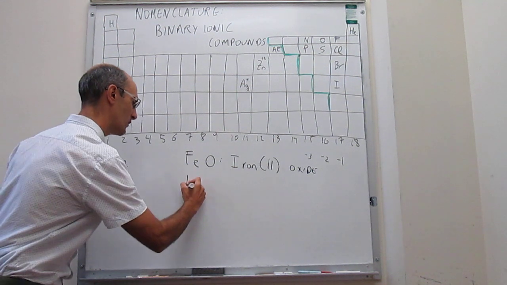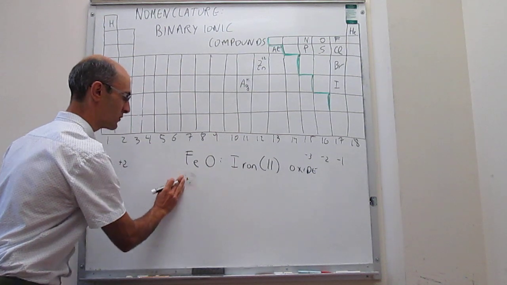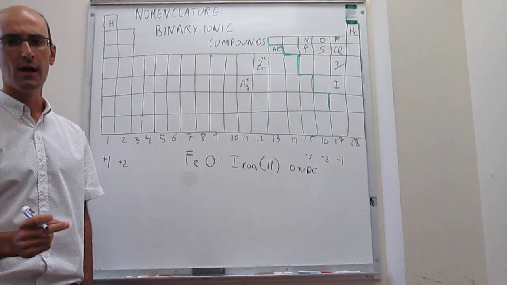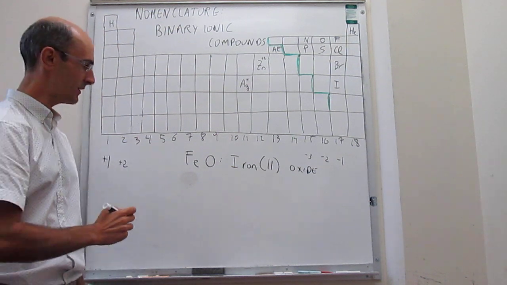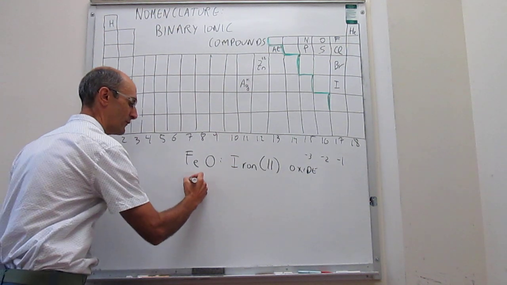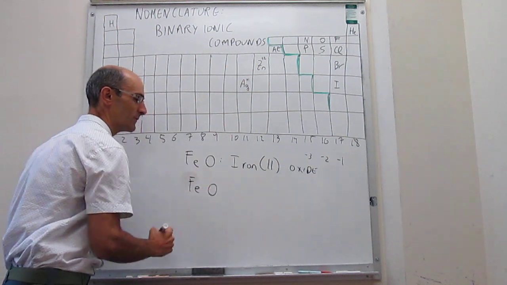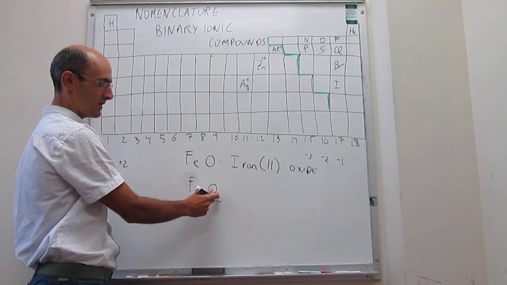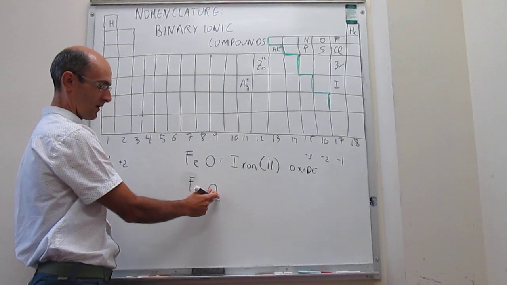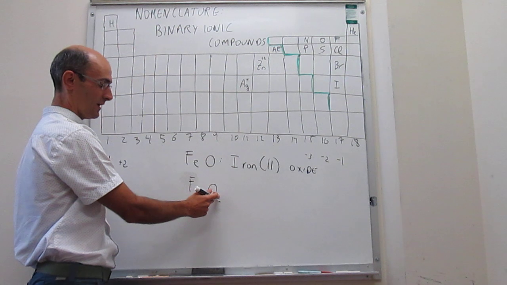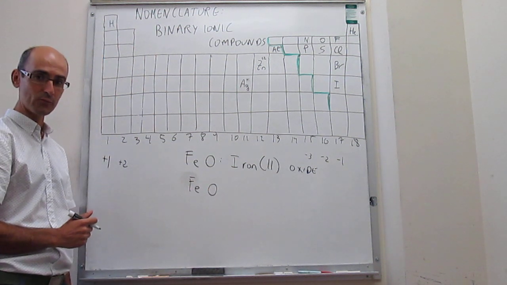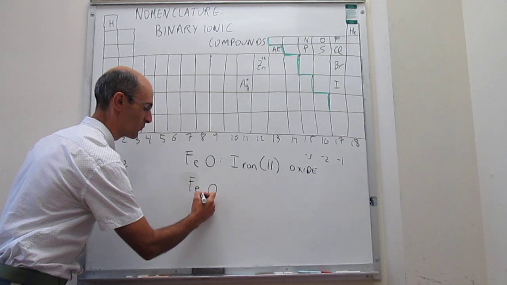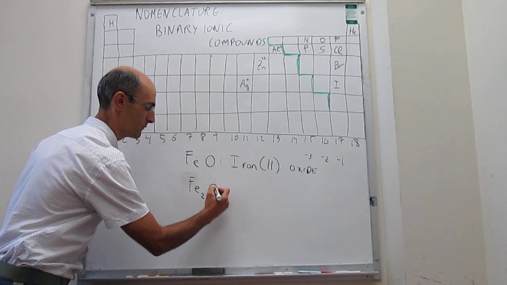Now, if I were to ask you to write the formula for the compound iron(III) oxide, we know that the two elements forming that oxide will be iron and oxygen. The charge of oxygen will be -2, and the charge of iron will be +3. The only way to make this balance is if we write Fe2O3.